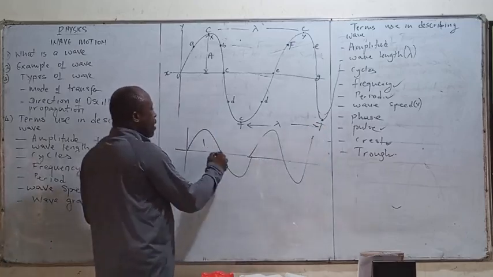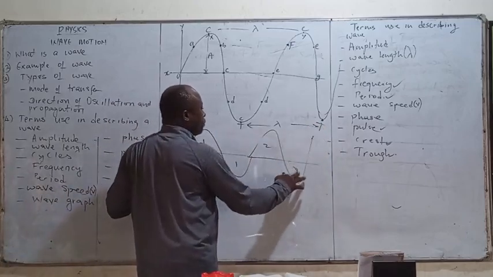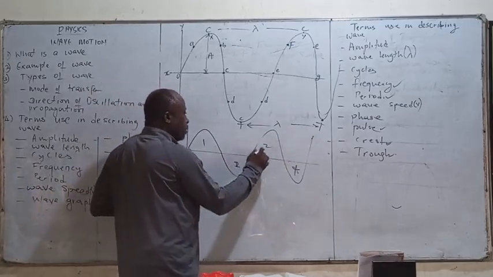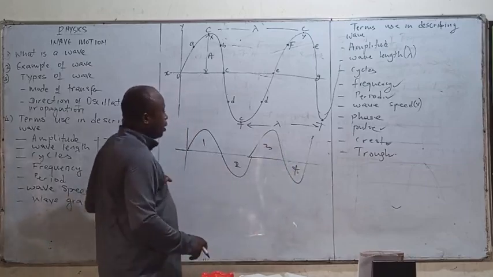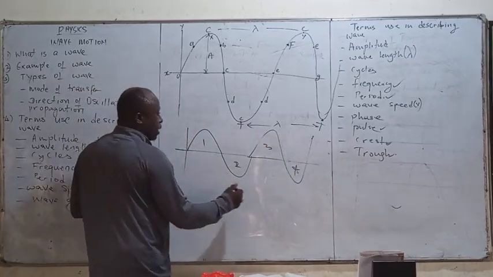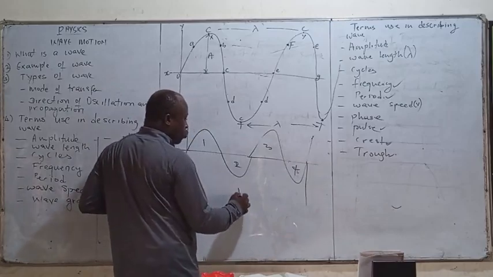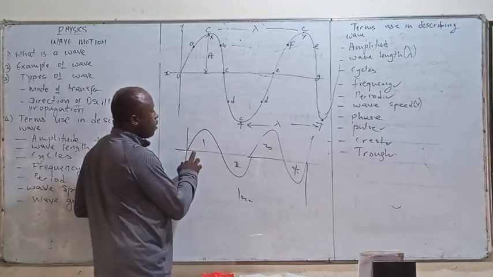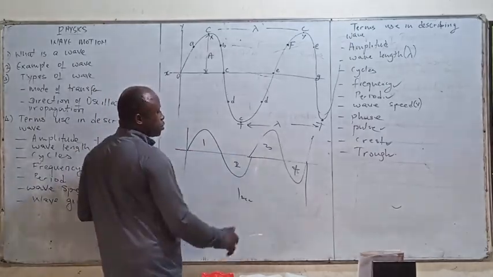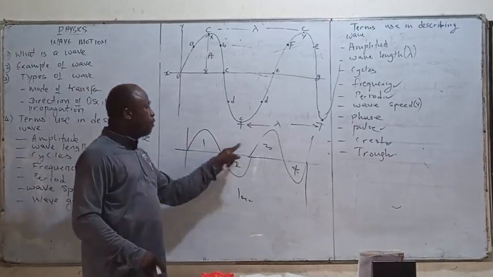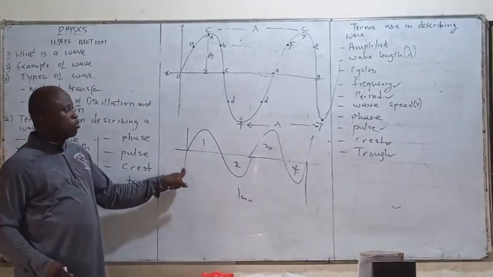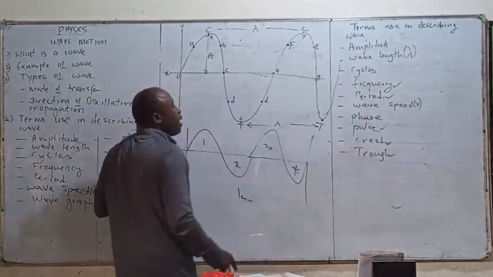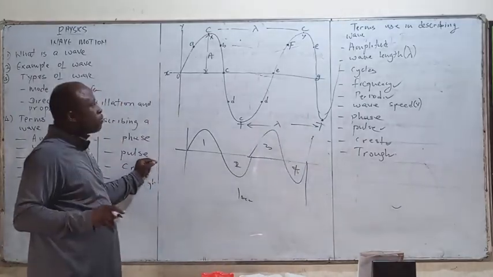We have 1, 2, 3, and 4. Supposing this distance is 1 second, we have 2 cycles, made up of 4 semicircles, in 1 second. That's why we refer to frequency as the number of cycles per second.